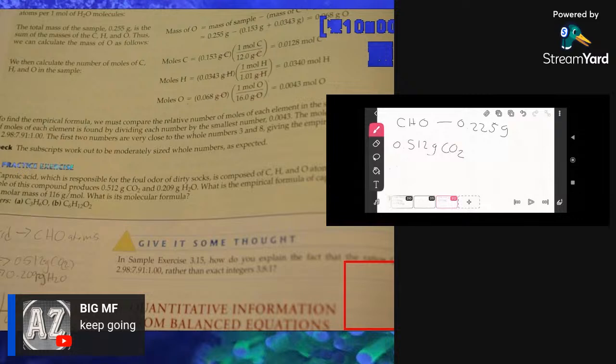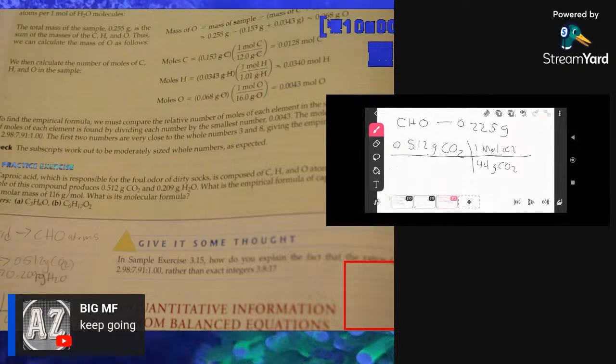All right, so we got 0.512 grams of CO2, right? So now we're gonna get the molecular weight. Oxygen is 16 times 2 is 32, plus 12 for carbon. We're at 44. So 44 grams of CO2 is equal to 1 mole of CO2.